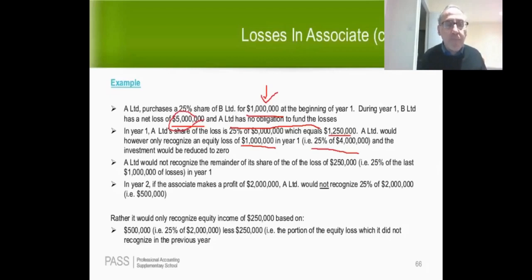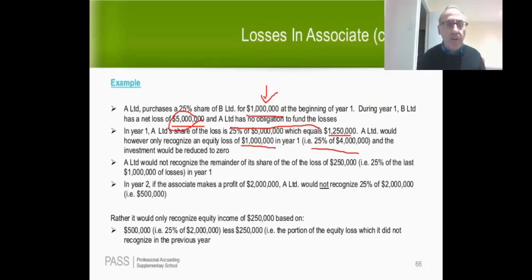Now, A would not recognize the remainder of the loss. They would not recognize the final 250 in year one in order to avoid reducing their investment below zero. But they would have to disclose at the end of year one that there's $250,000 of losses that were not recognized. Everybody with me? They'd have to disclose that.